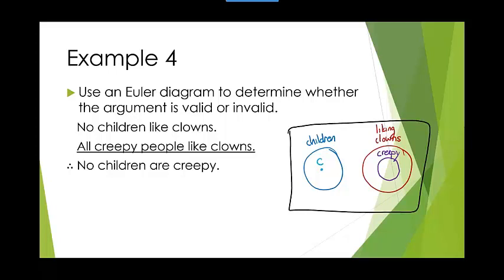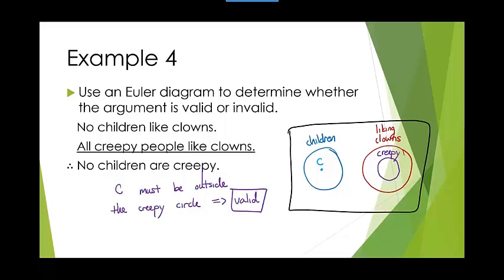And if you're there, then you definitely can't be inside the creepy circle. You're way outside of that. So C must be outside the creepy circle. And therefore, this argument is valid. If we assume the premises to be true, then the conclusion will work.